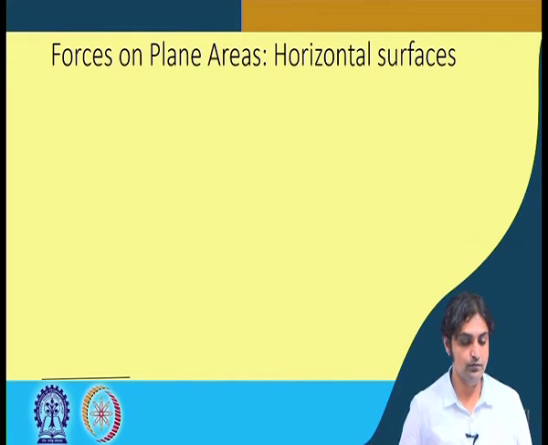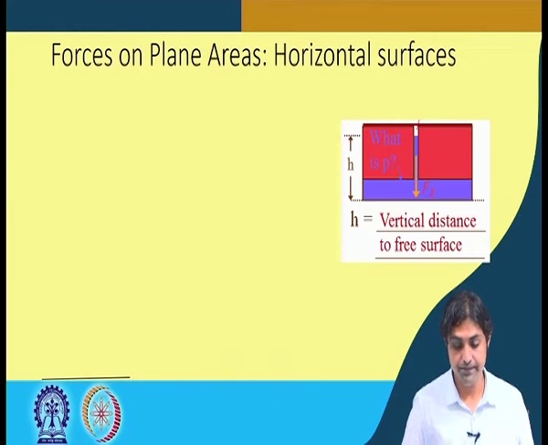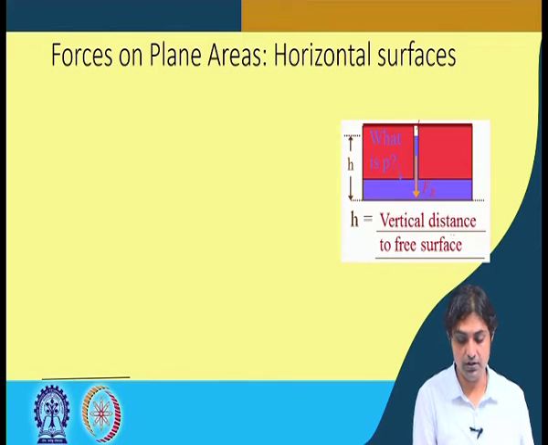Good. So, we have to see what the forces on plane areas are, that is, a horizontal surface. If you see, this is a figure that shows a horizontal surface at depth h.